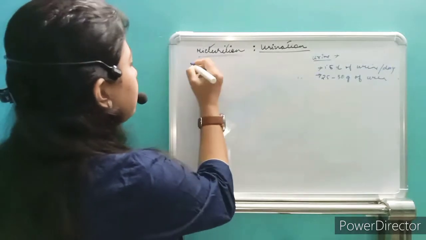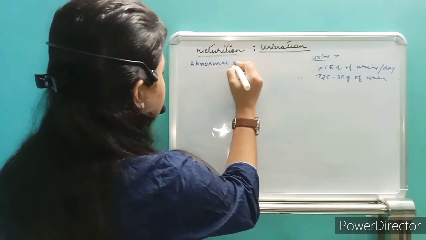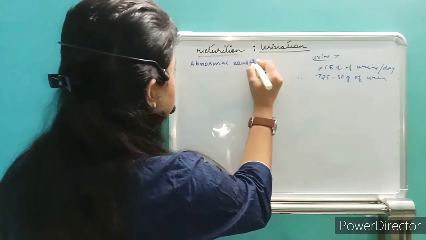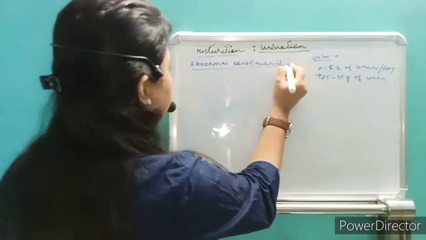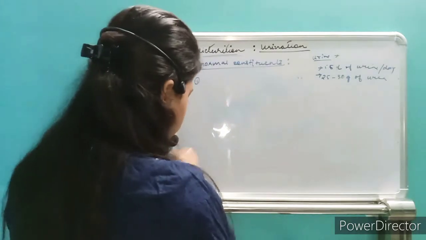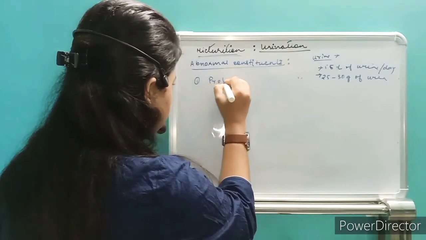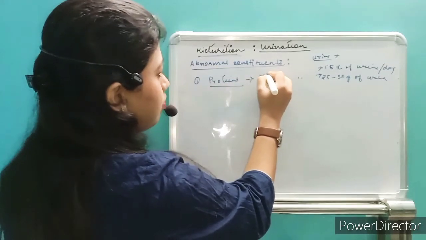First of all, some abnormal constituents we can see. The first constituent is different types of proteins. One of our proteins is albumin.